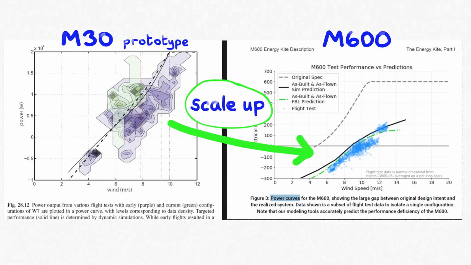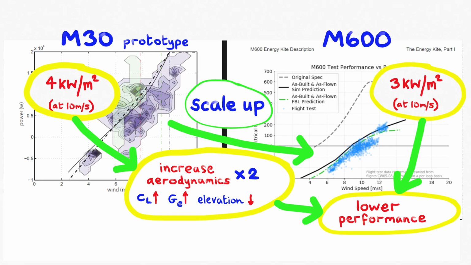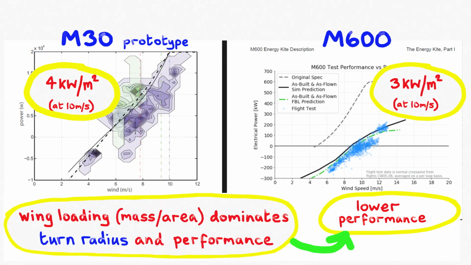Flying tighter loops using higher performance wings should mean a lower cut-in and a higher power output. Wing loading dominates loop size and power output.